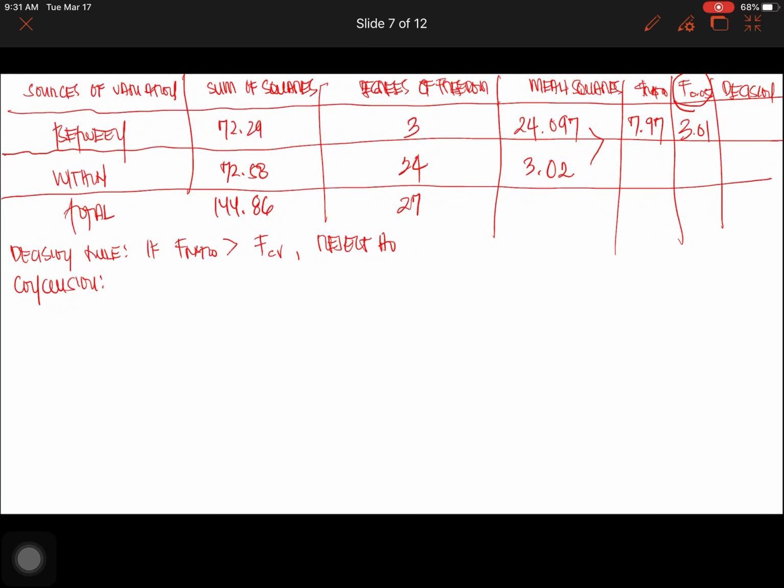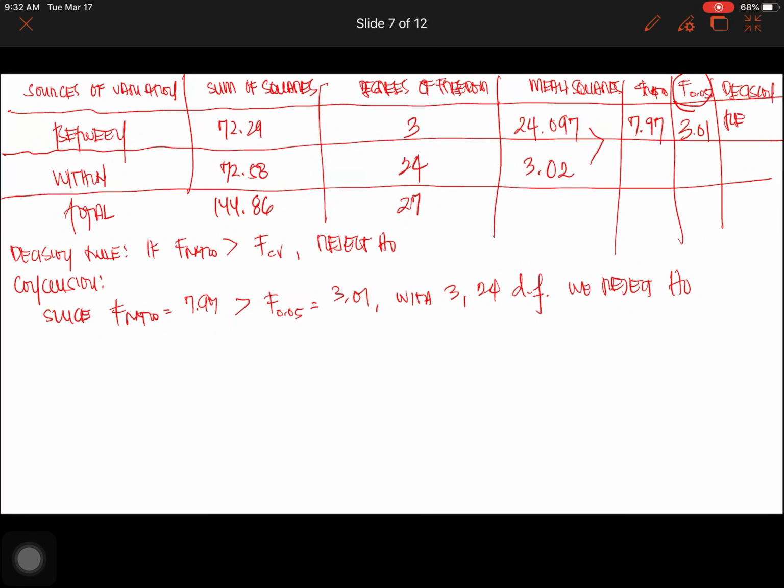So for the conclusion, since F ratio that is equal to 7.97 is greater than or beyond F at 0.05 that is equal to 3.01 with 3 and 24 degrees of freedom, we reject HO.